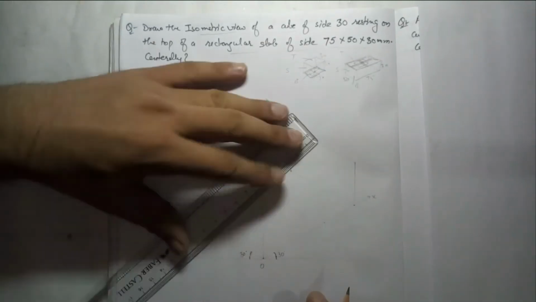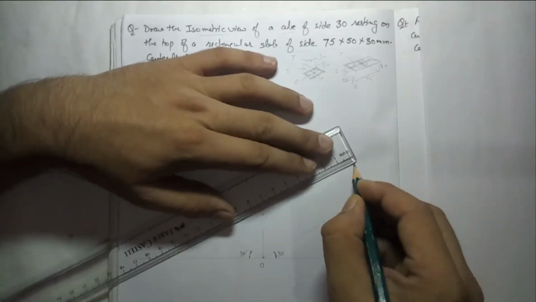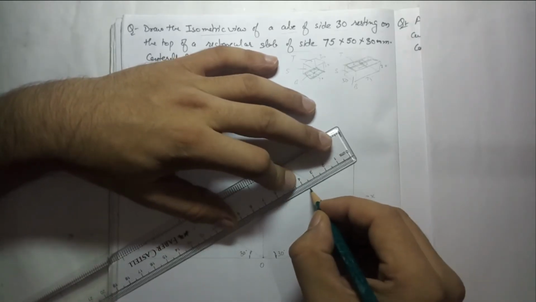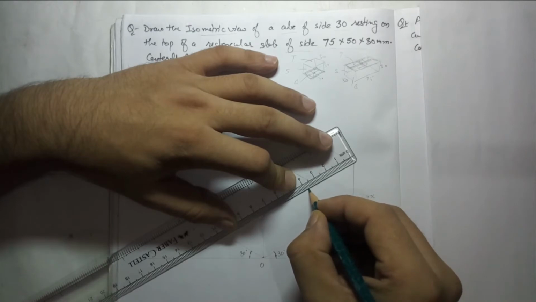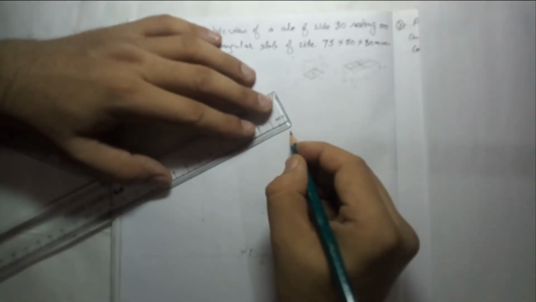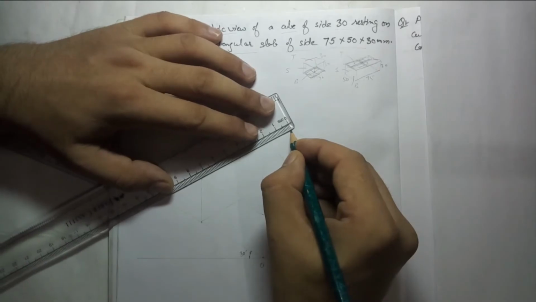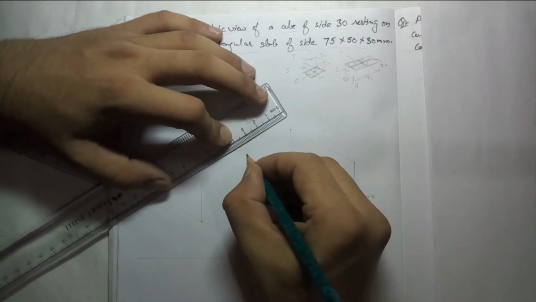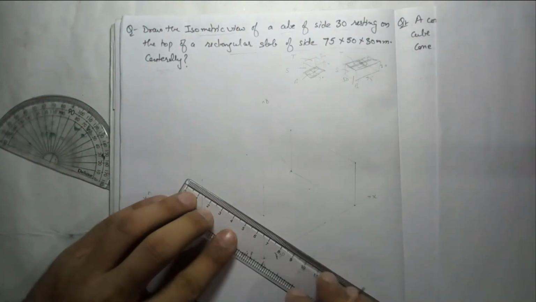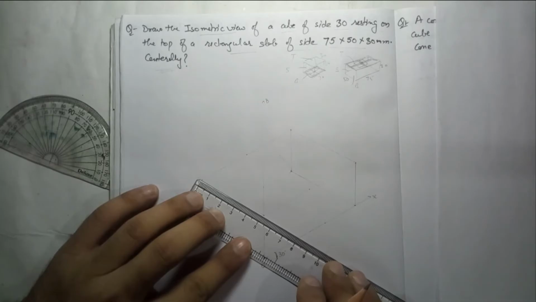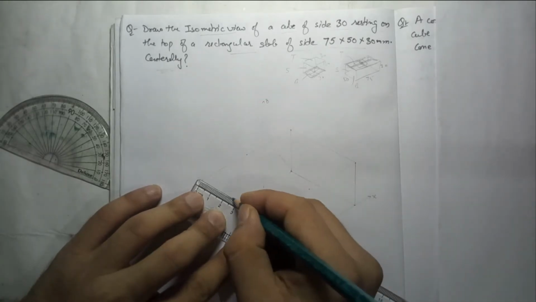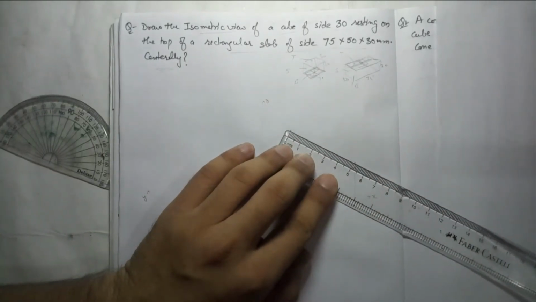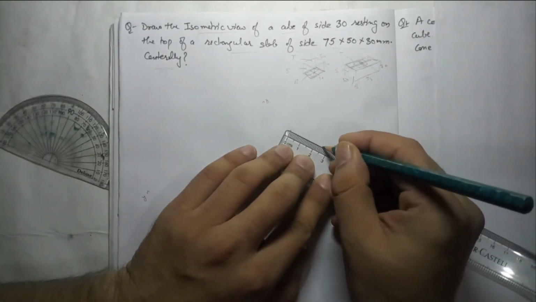So let's see, we have the 75, so we will find out the midpoint. It will be exactly 37.5 on this side, and on this side also 37.5. Now this side is 50, so we will find out the midpoint, that is 25, and on this side also 25.